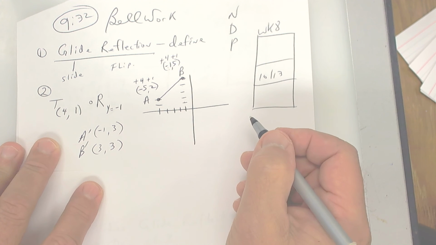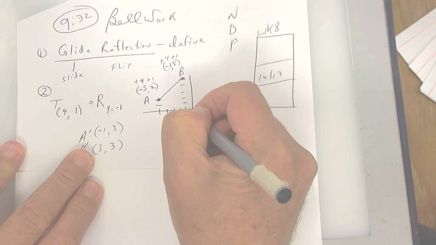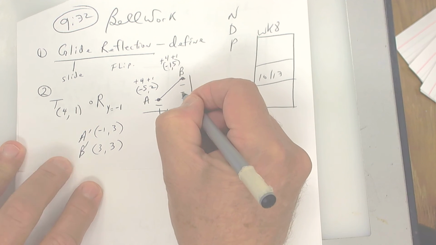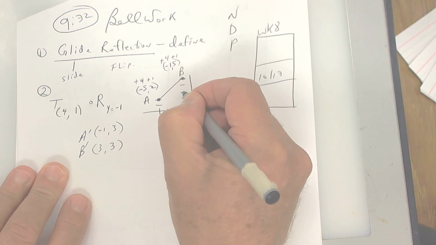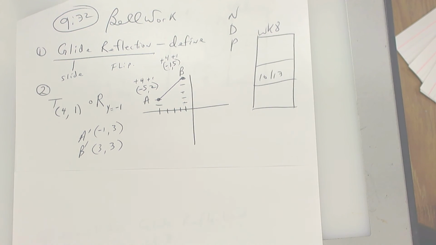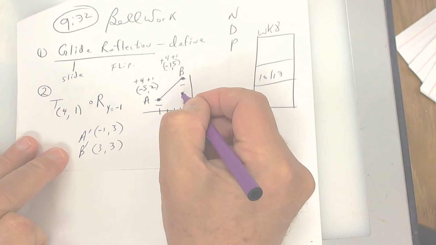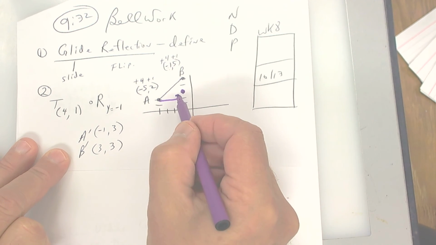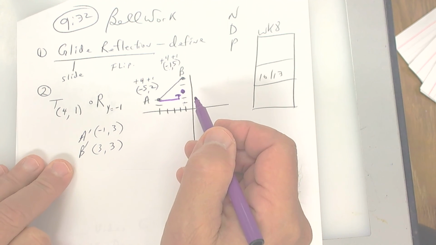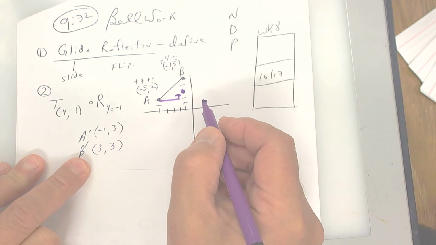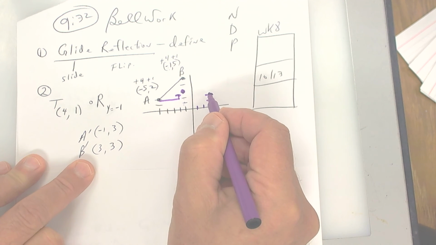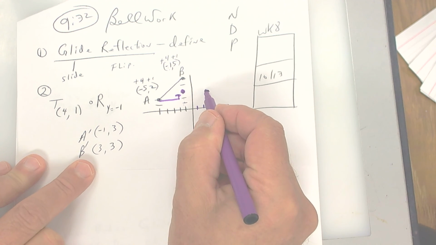Let's see how that looks. So negative 1 is here, and then up 3. 1, 2, 3. So I'm going to put a dot here, because remember, you're sliding it up 1. You're going over and then up. Okay, the next one is over 3, up 3.